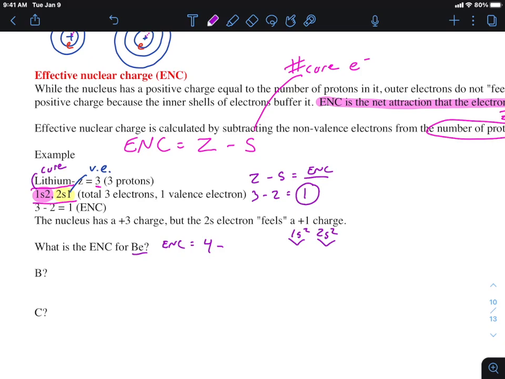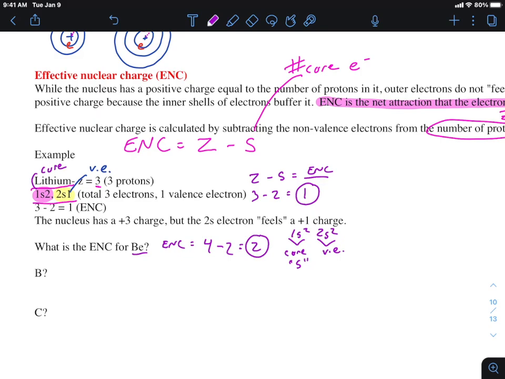Energy level 2 is the highest energy level, so those are my valence electrons, and the 1s2 underneath is my core, in other words, that's S. So 4 minus 2, and the effective nuclear charge for beryllium is 2. And herein lies the importance of being able to determine the difference between valence electrons and core electrons.